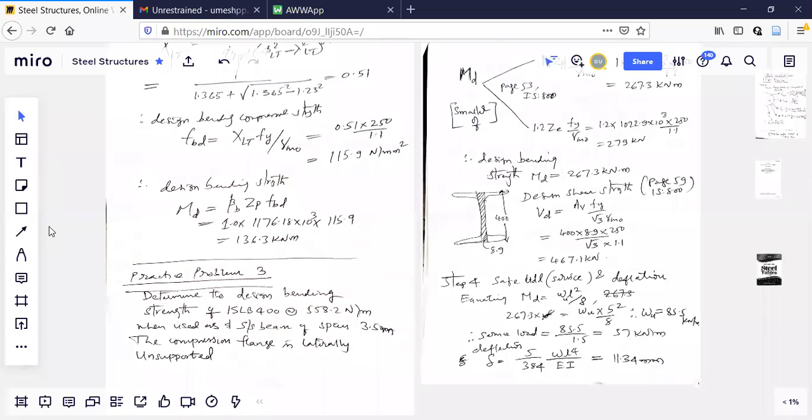Now you can observe what has happened, even though everything is the same: rolled steel section, same geometrical properties, everything is the same except the boundary conditions, laterally unrestrained and restrained. This is unrestrained, 136.3. This is the smaller of the two, while this one is 267.